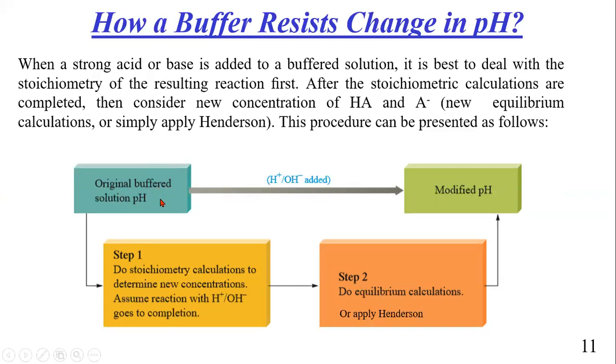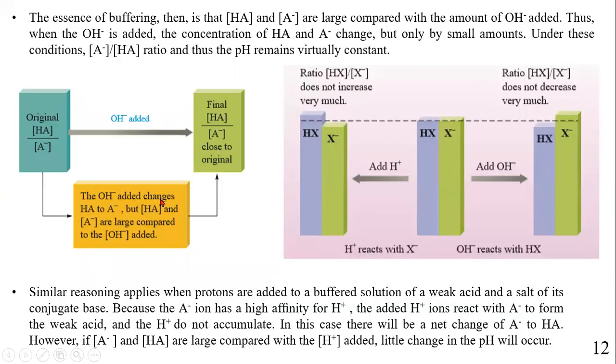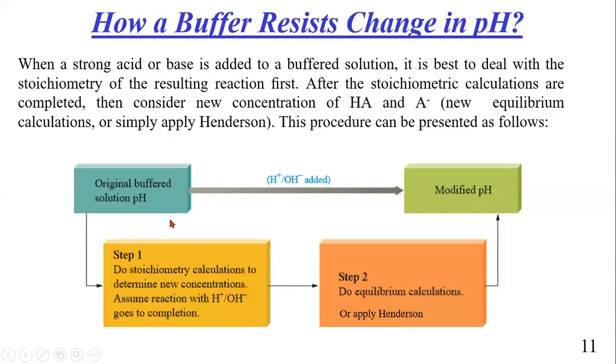I take this original buffered solution, look at its concentration, and then I do first a stoichiometry, a complete reaction, a stoichiometric reaction, react it with the added H plus or OH minus, depending on what I'm adding.